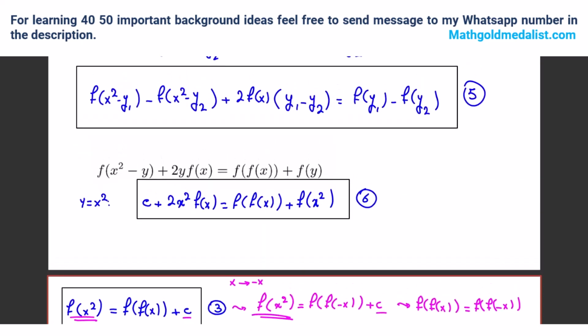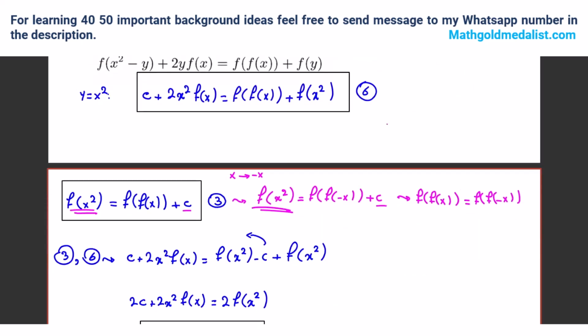And in the next step, we can say what? Here again, if we consider this one, if we change again x to negative x, then we have c plus 2x squared f of negative x is equal to f of negative x plus f of x squared. We know this and this are equal because of this part.